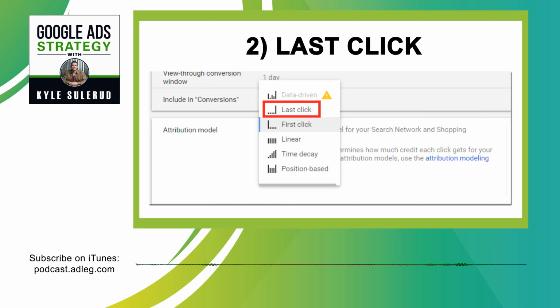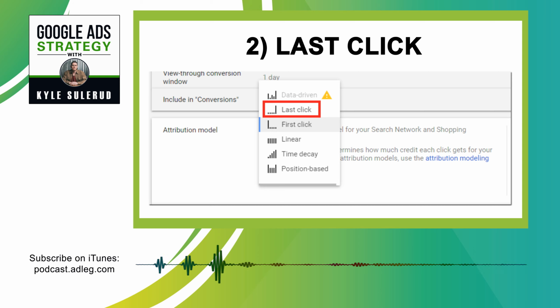There won't be any conversions showing up in the first click. And this all, by the way, only matters if there were multiple clicks. Most of the time, that's not the case. Usually, there's only one click, and then either the customer becomes a customer at that point or they don't. But it's just one click.